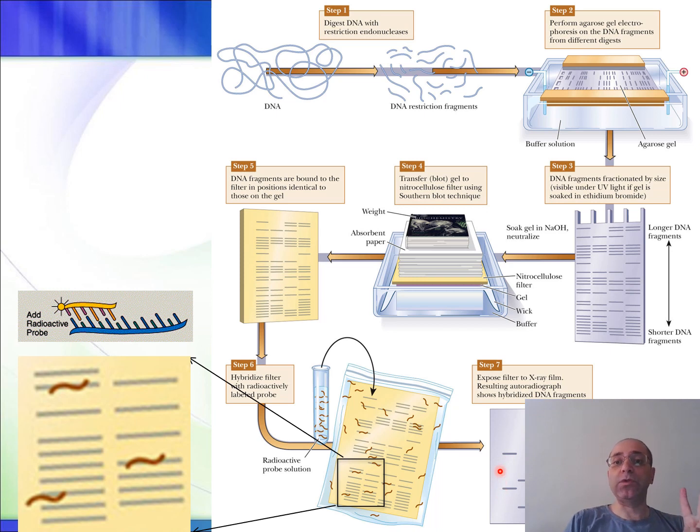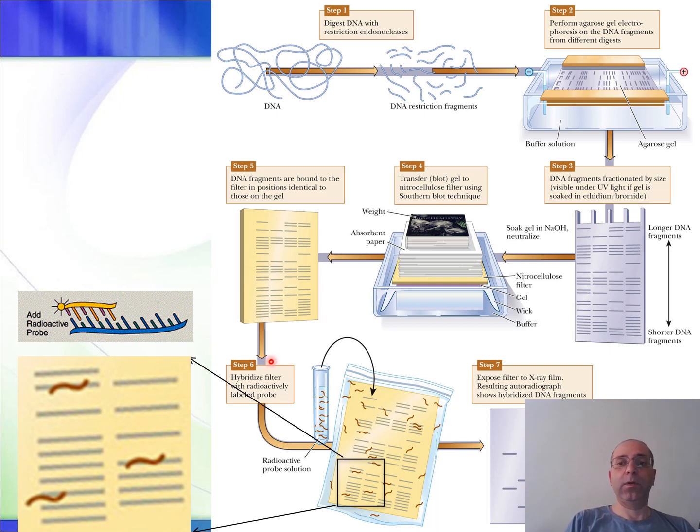Okay, so we know two things. One, if a DNA fragment that is complementary to the probe exists in the sample. And number two, we know the size of the DNA fragment, because the DNA fragment migrates through the gel according to size, and it's located on the membrane exactly like how it looks on the gel. So we know what the sizes of the fragments that have a complementary sequence to the probe are. Okay, so these are the two things that we know.